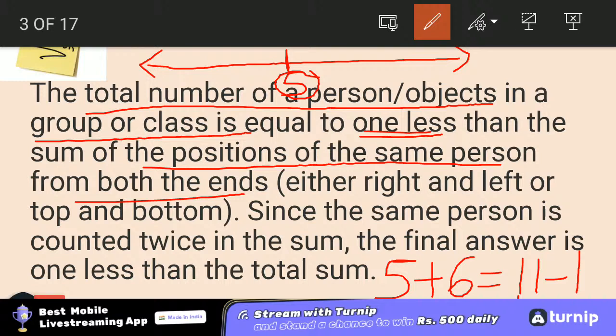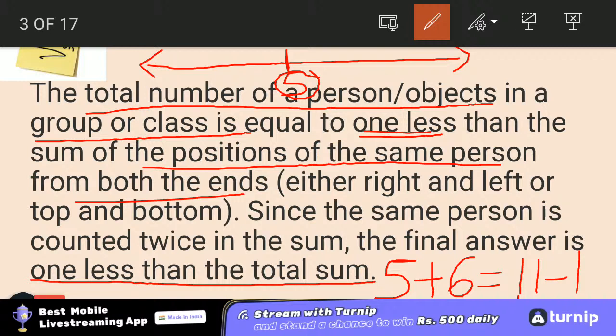So if I talk about how many persons are there in the row, 5 plus 6 is 11, and since my position has been counted twice, it will be 1 less than the total sum. So 11 minus 1 is 10. I hope I am clear with this particular example.